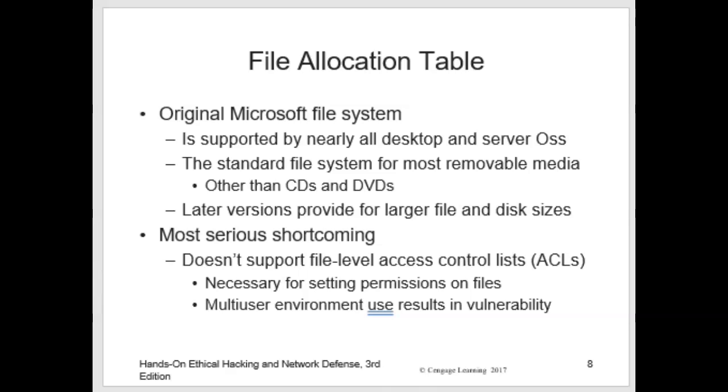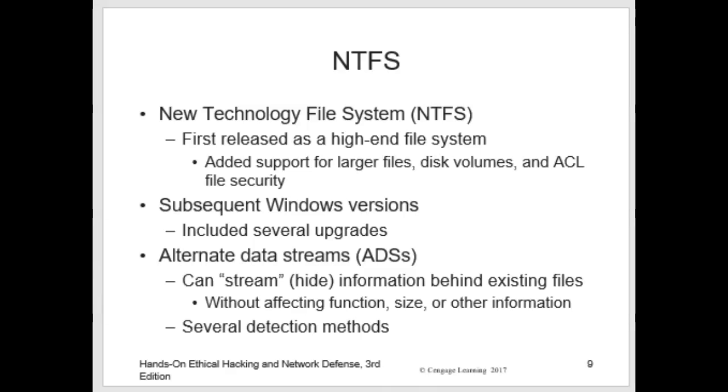And so ACLs are necessary for setting up permissions, right? And Microsoft has addressed the problem in Windows NT and beyond. So Microsoft offers a new technology file system, NTFS. This was added to support the larger files and disk volumes of Microsoft, as well as ACL file security, finally.